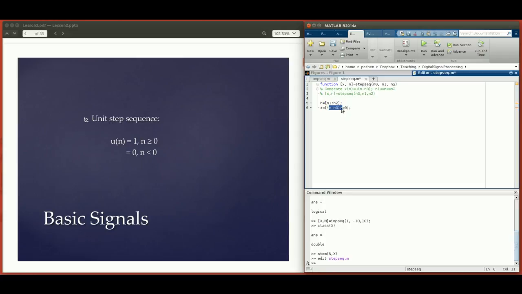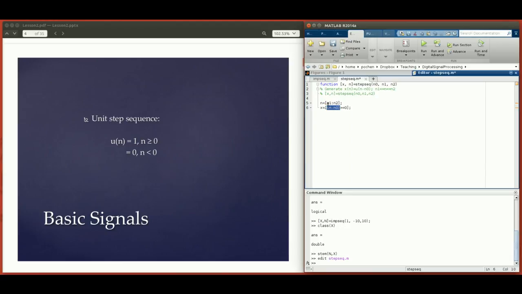So the input vector, the horizontal axis n, is constructed from the two input values n1 and n2. And then I'm subtracting a scalar n0 from n. And here I'm actually getting another vector, where every element is the corresponding element of n subtract n0.